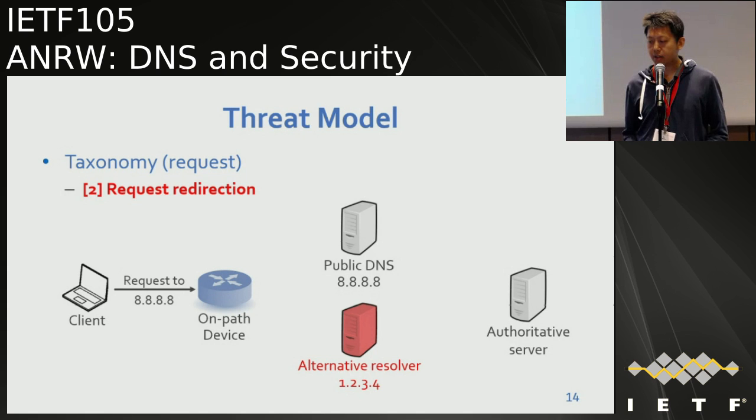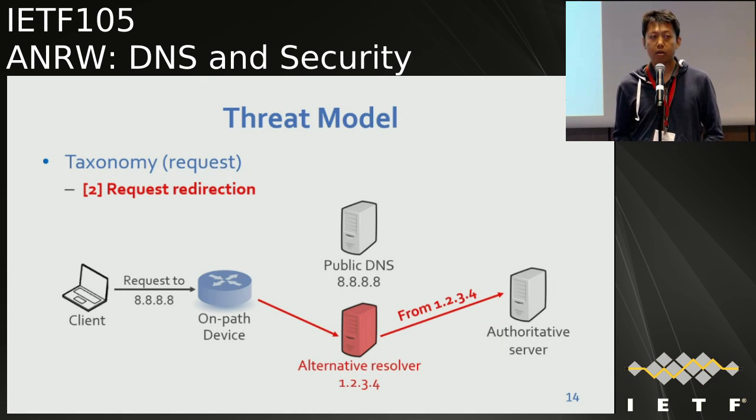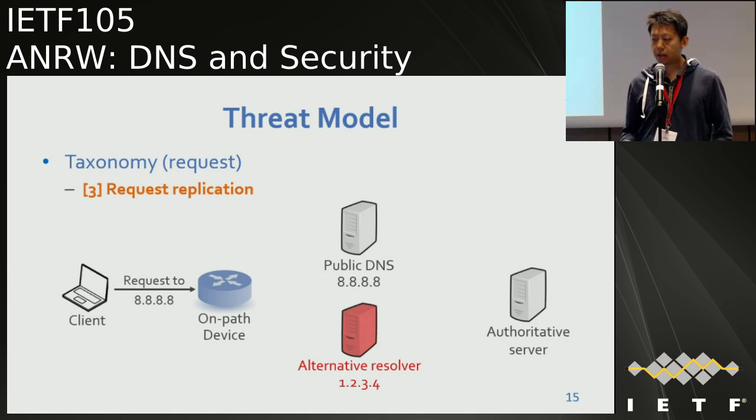In that case, the on-path device will simply block your request to public DNS, for example from Google, and instead redirect your request to its own alternative resolver, and then the alternative resolver will do the resolution and response handling.